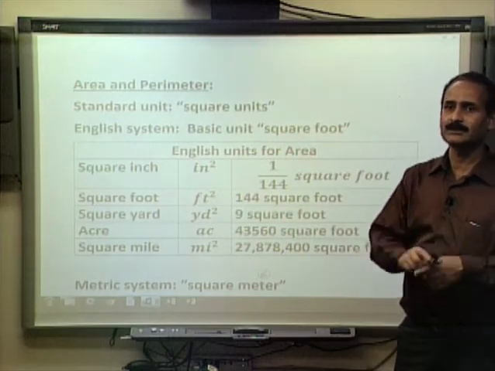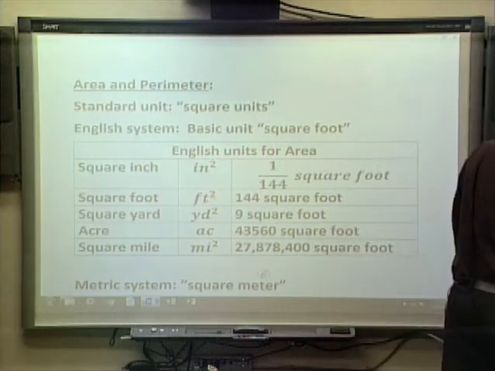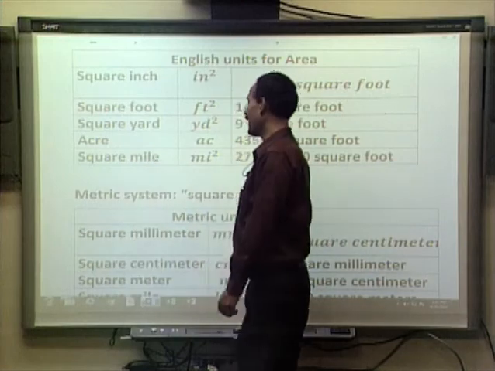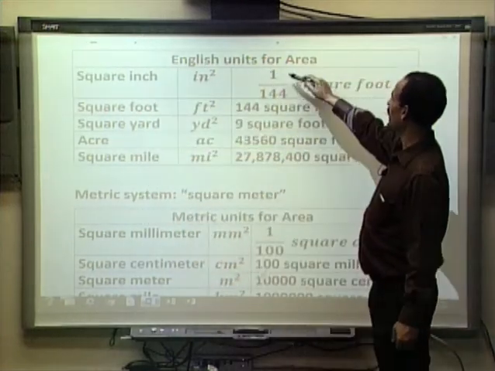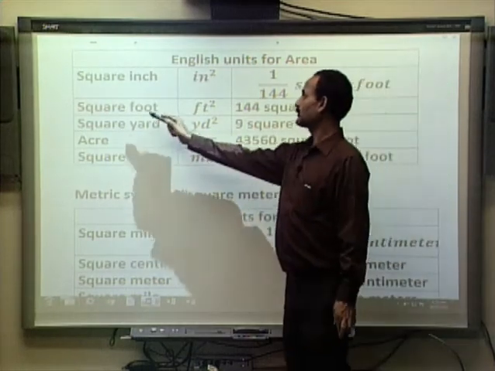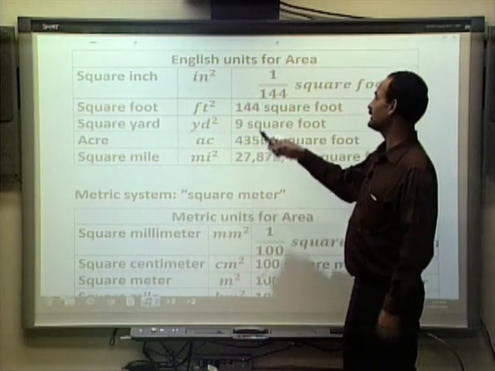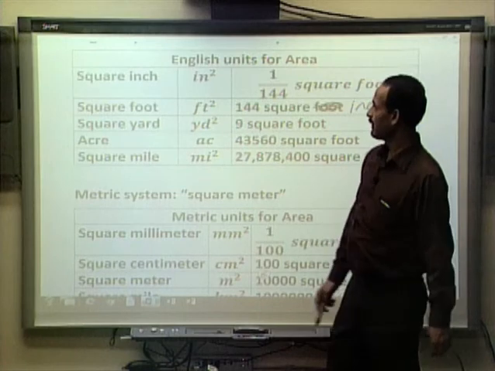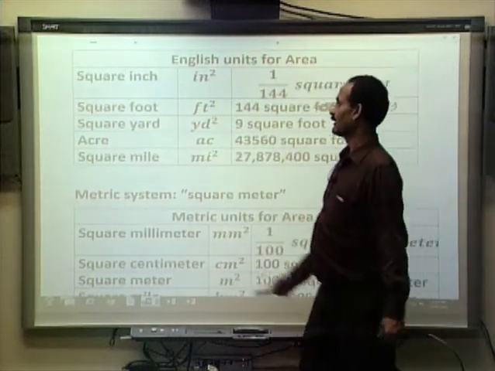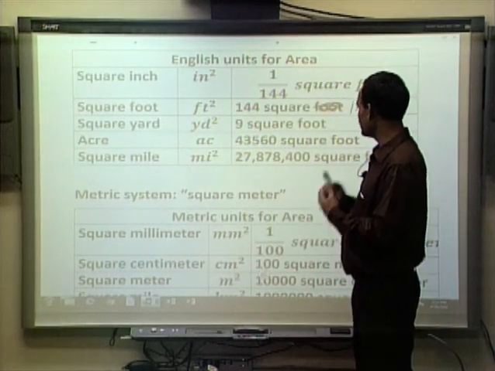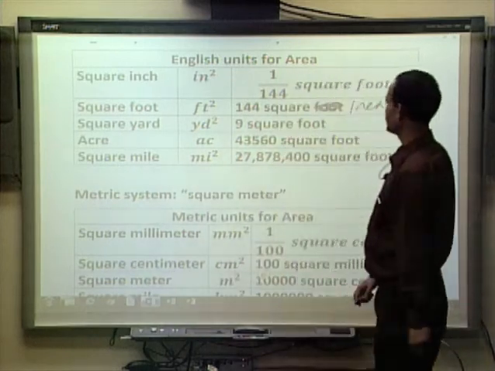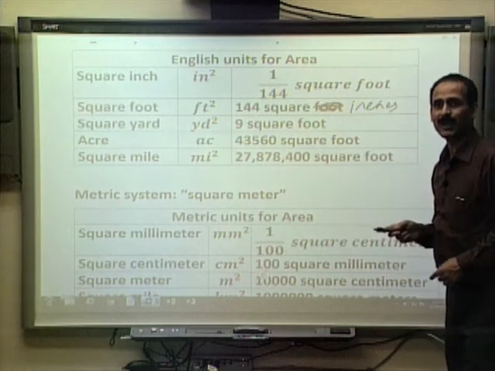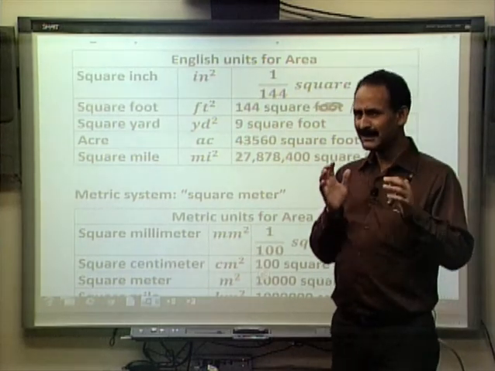In the English unit system we have square inch, square foot, square yard, acre, square mile. 1 square inch is 1 over 144 square foot, and therefore 1 square foot is 144 square inch. 1 square yard is 9 square foot. 1 acre is 43,560 square foot, and 1 square mile is, oh my gosh, this big number of square foot. Look, the English unit system is a little complex.